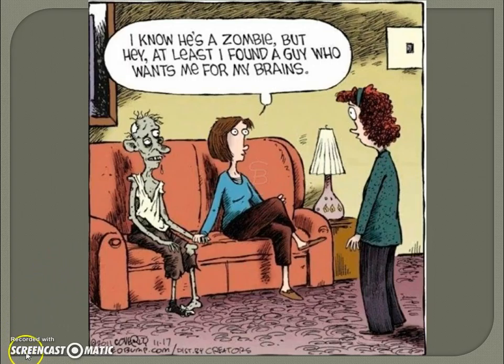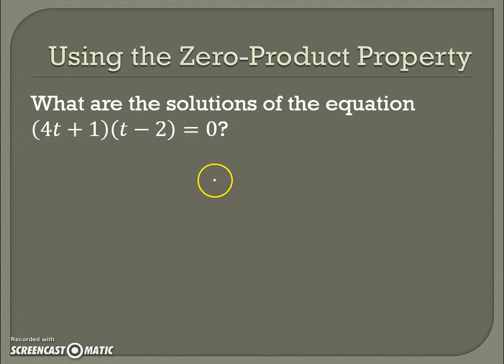All right, using the zero product property, what are the solutions of the equation? The solutions are going to be the values that I could substitute in for t that will make this true. Well, I need it to equal 0, so I'm going to split this into two different things. I have 4t plus 1 equals 0, so I'll solve for that very quickly.